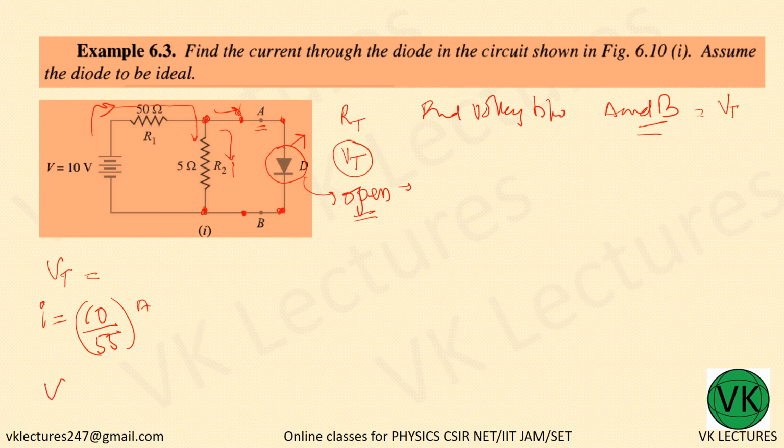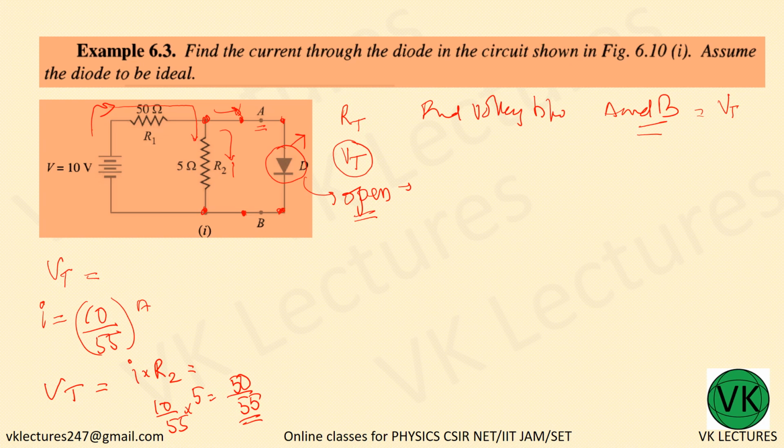So what is Vt? I into R2. I is 10 by 55 into 5, which is nothing but 50 by 55. So we got Vt. Don't simplify, leave it as 50 by 55.